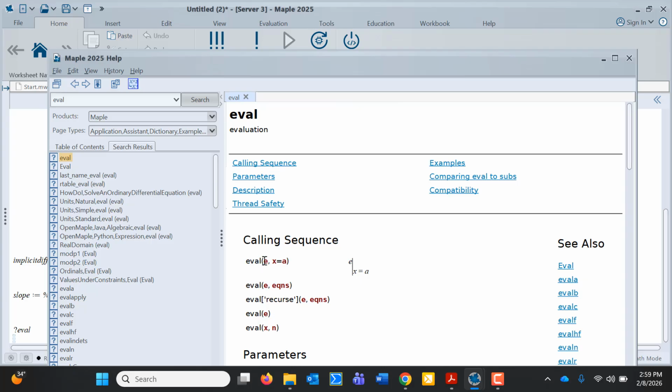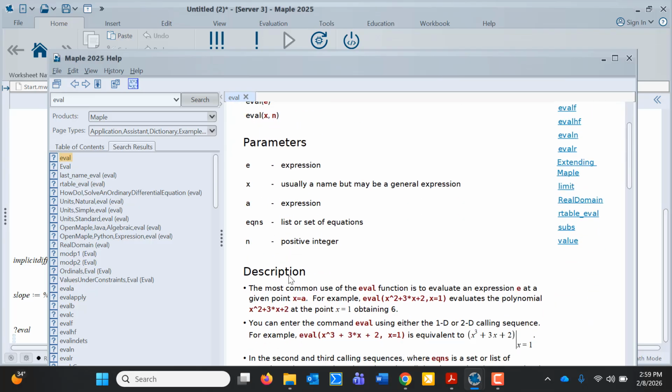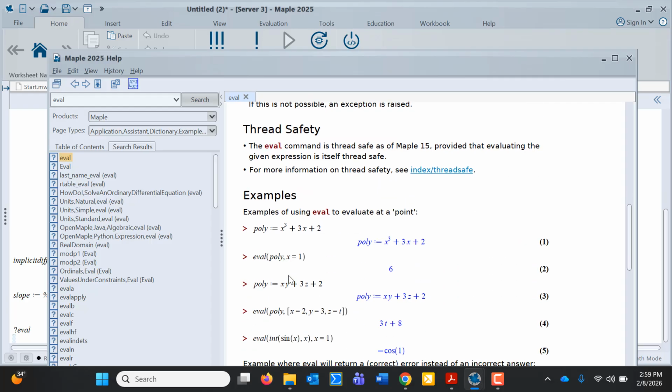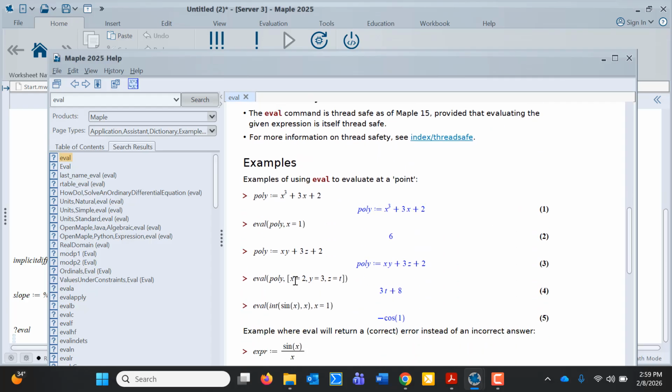In the first spot, you're typing in whatever the expression is that you're trying to plug into. And then after that, you want to be typing in x equals whatever number you're trying to plug in. Okay? And if we have more than one thing to plug in, let's see if there's some examples down here. You can see down here, if you have more than one variable to be plugging in, you can use those brackets and plug them in, like down here. Okay, so let's try this out.